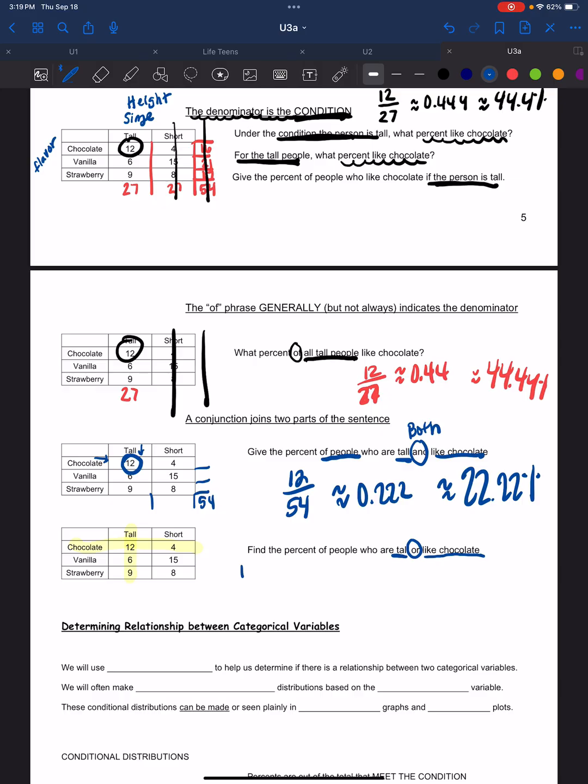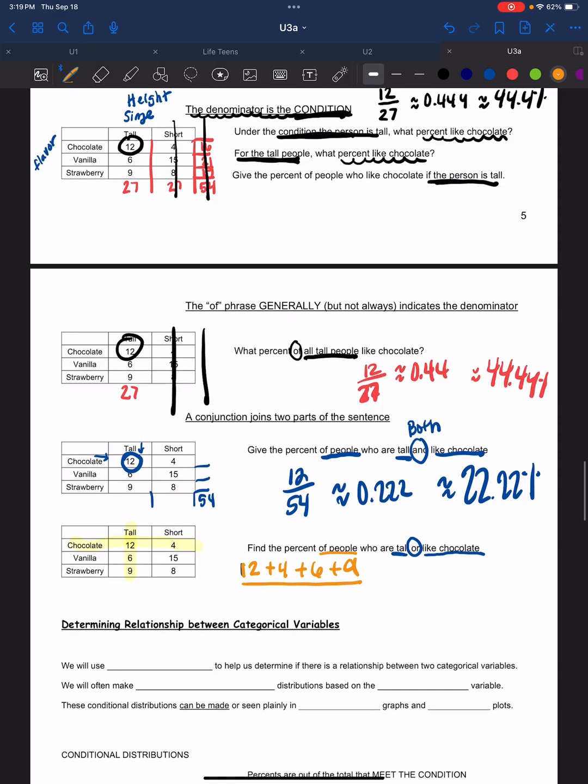So we could have 12 plus 4 plus 6 plus 9. Those are all of the people that are tall or like chocolate. And again, of the people tells me out of everyone I had, which was 54. And again, that was from us filling out that marginal distribution from up here.